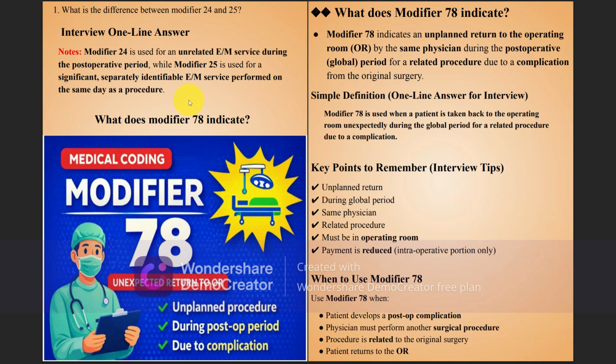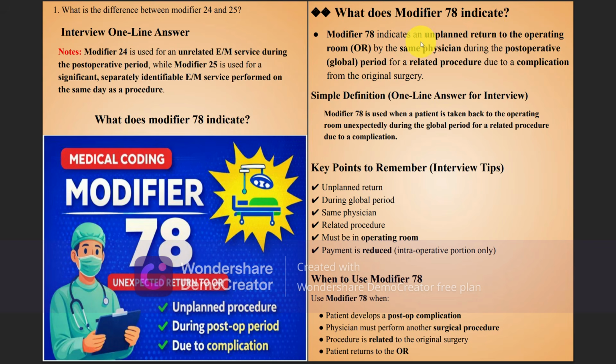Let's discuss the second commonly asked question: what does modifier 78 indicate? In medical coding, 78 modifies an unexpected return to the OR, the operating room, for an unplanned procedure during the post-operative period due to a complication.